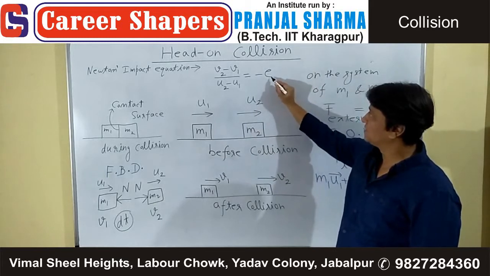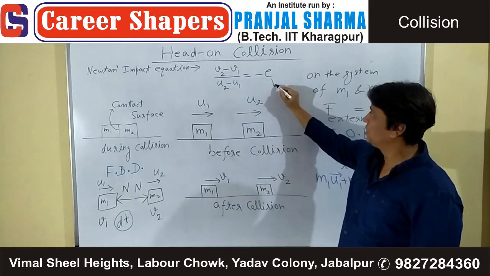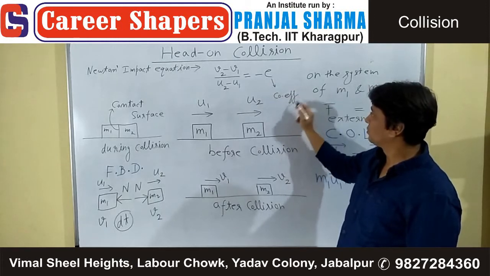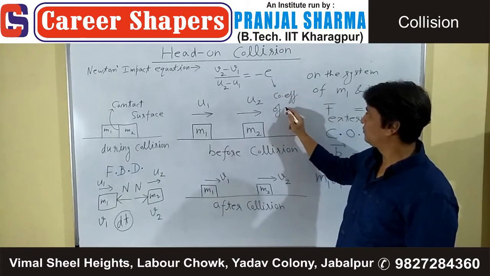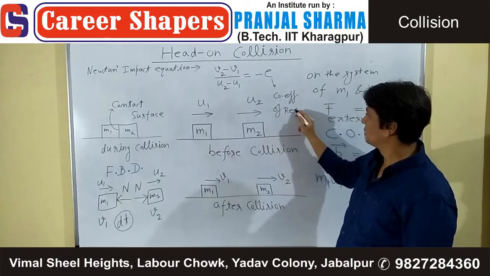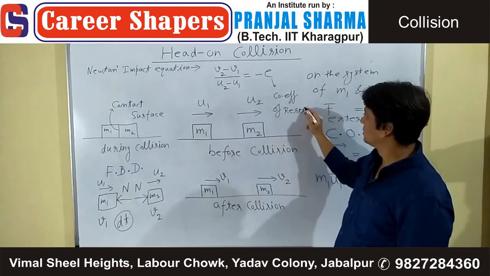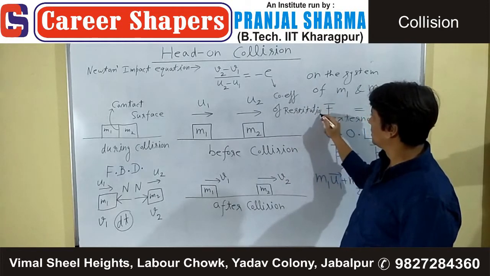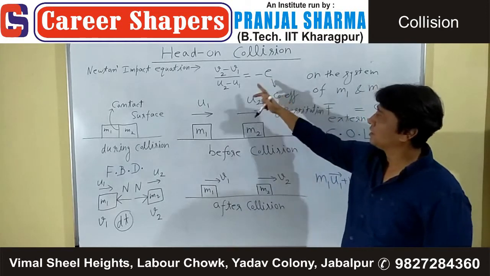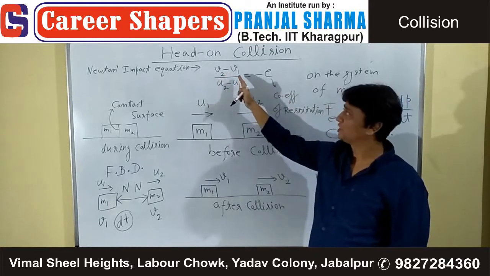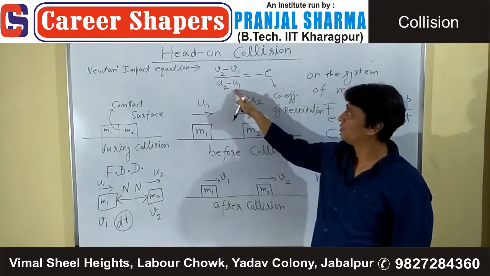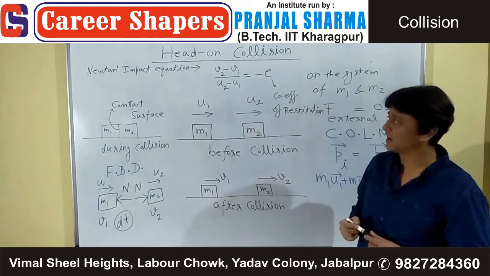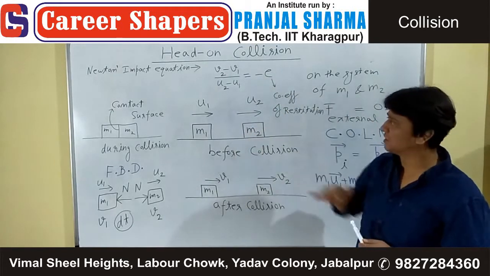This E is called coefficient of restitution. The ratio of relative velocities after with that before is a constant. Now let's understand the meaning of the negative sign with the help of this particular example.